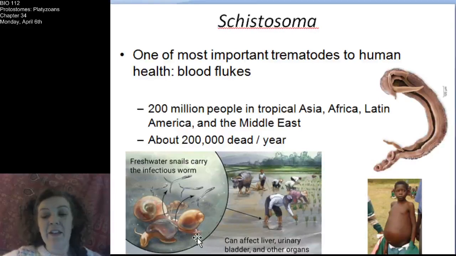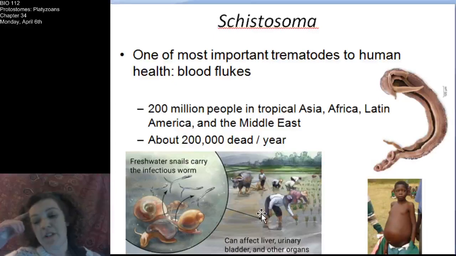The larvae of the worm can penetrate the skin of a human. For example, this is showing a rice field, and the snail with the worm inside is in the water. They migrate out of the snail and into the human, and cause lots and lots of issues in terms of organ damage.